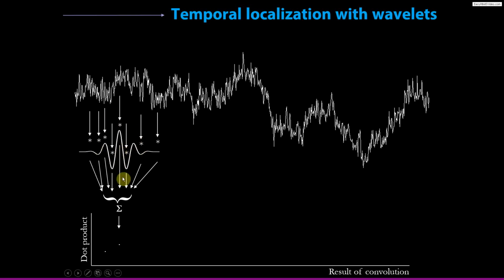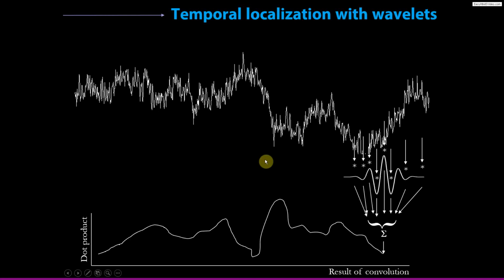You compute the dot product, and you plot the dot product in a location corresponding to the center of the wavelet with respect to how it is aligned with the data. Then you keep doing this procedure over and over again until the wavelet gets to somewhere at the end of the data, and then you have this time series of dot products, and this is the result of convolution.